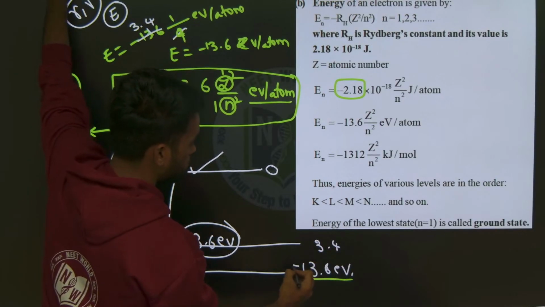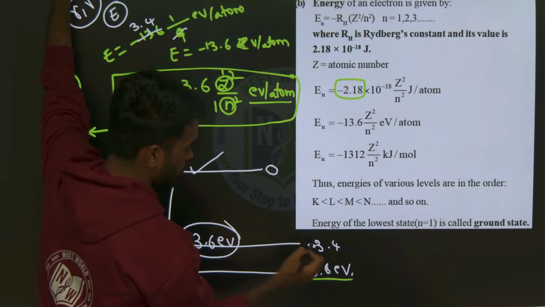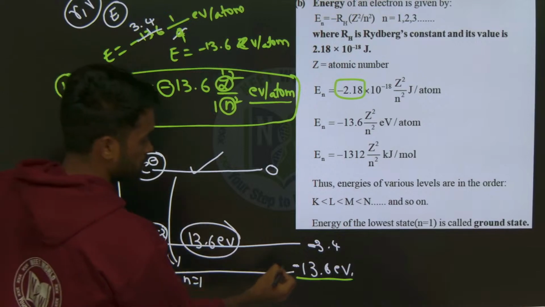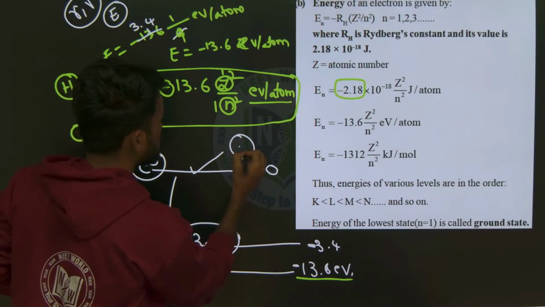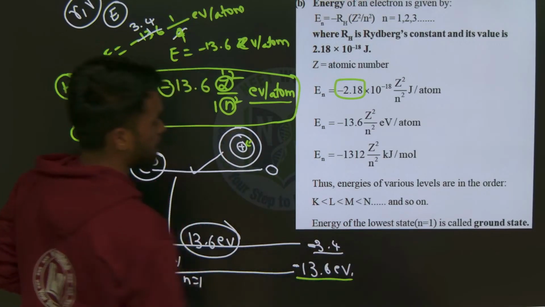See what you are observing here. Minus 13.6, then minus 3.4, as the electron moves away from the nucleus. This is the scenario when the electron is very close to the nucleus in the first state, and when it is in the second energy level, it is minus 3.4.